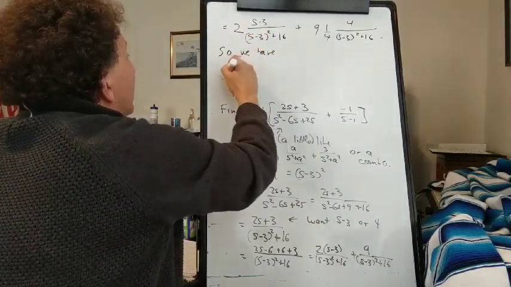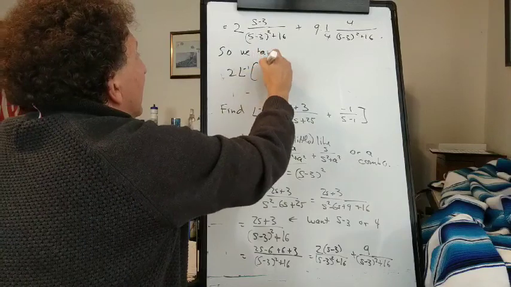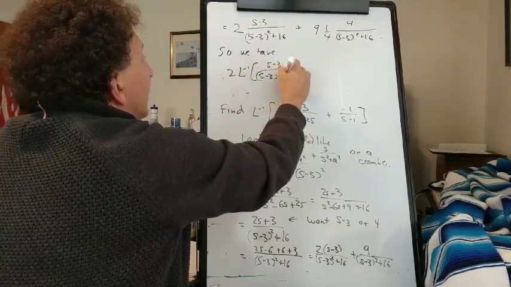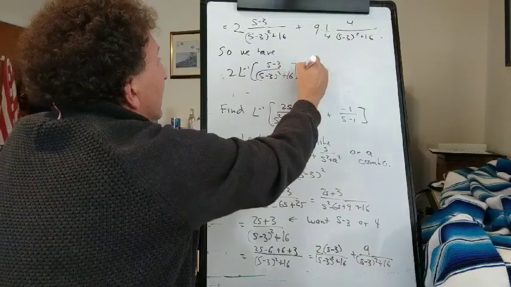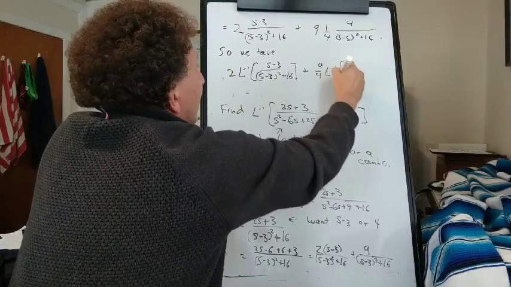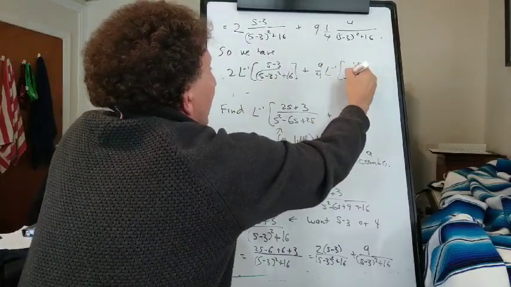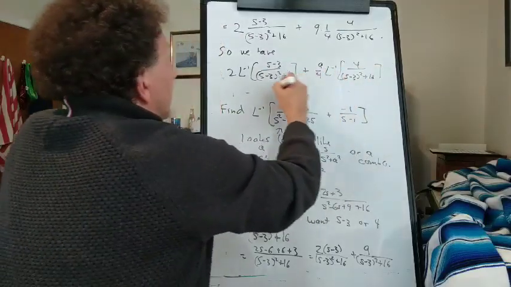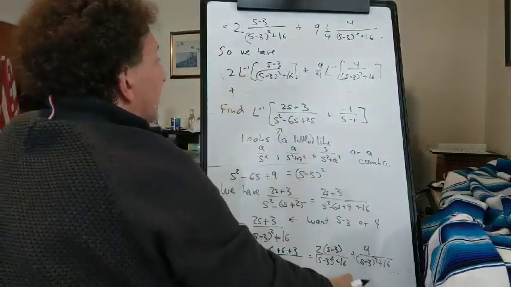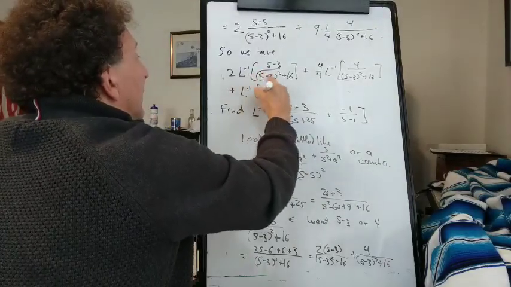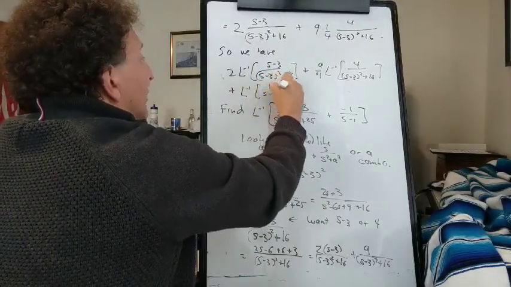So we have 2 L inverse of s minus 3 over s minus 3 squared plus 16, plus 9/4 L inverse of 4 over s minus 3 squared plus 16, plus L inverse of minus 1 over s minus 1.